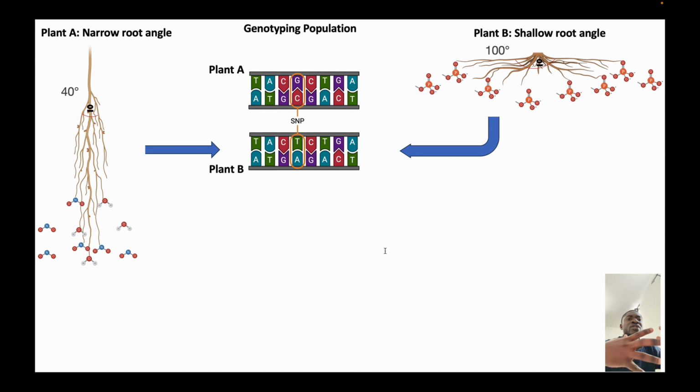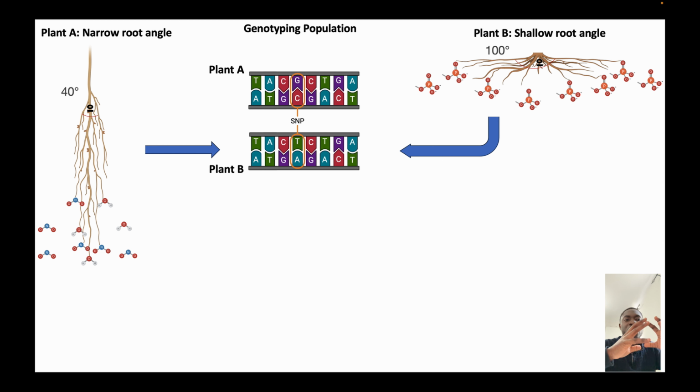Then I would move on to do the genotyping of the population. Plant A has a sequence of TA, CG, G, CT, GA. Plant B has a sequence of TA, CT, CT, GA. The main difference in this sequence between plant A and plant B is the G here, which is substituted for T in plant B. This is what you are going to do when you are genotyping your population.